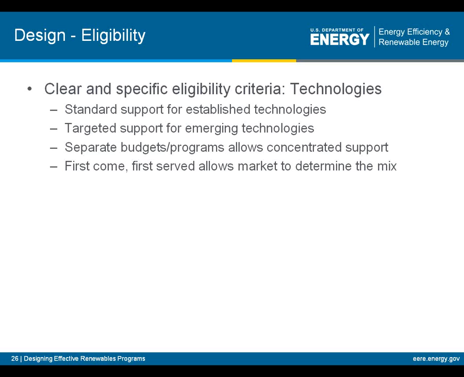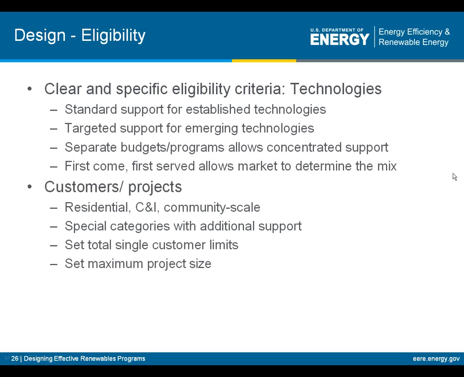And deciding to actually separate out either a budget bucket or have a defined program for a particular technology can allow a way to really focus that concentrated support and make it look different for those technologies. Whereas, on the other hand, a large budget that is first come, first serve across all technologies, again, allows the market to determine the mix of technologies that get supported.